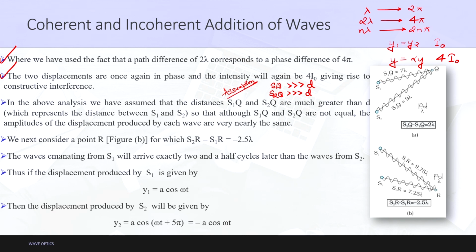So, in the above analysis we have assumed that the distances S1Q and S2Q are much greater than small d, which represents the distance between S1 and S2.